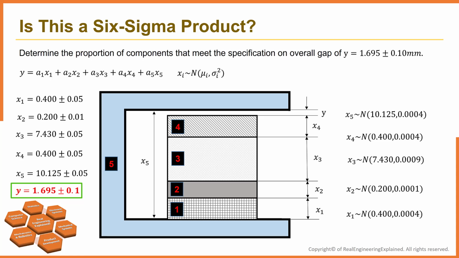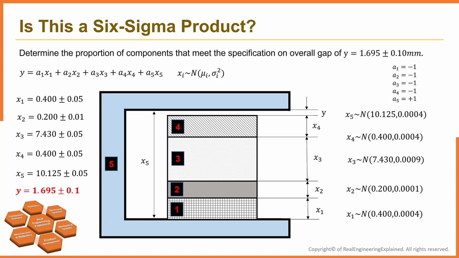The dimension of the final assembly gap is A1 multiplied by x1 plus A2 multiplied by x2 until A5 multiplied by x5, where A1, A2, A3, and A4 are equal to -1 and A5 is 1.